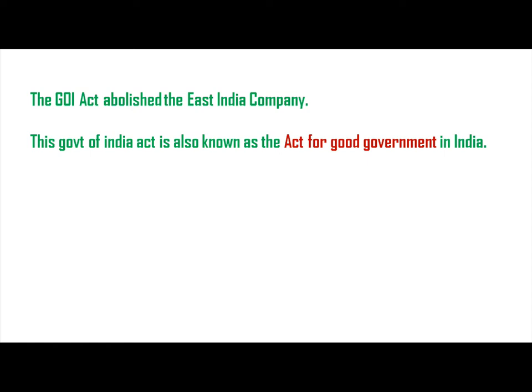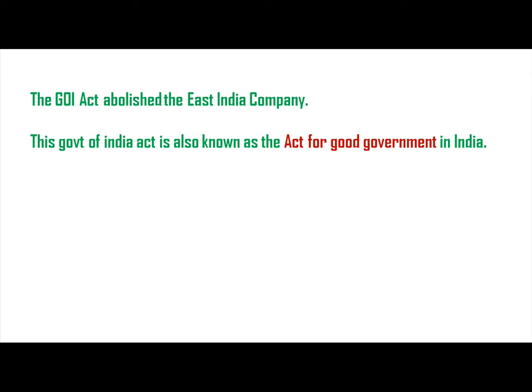It is called that because it was introduced with the intention to do something good for the people, but finally it did not turn out that way. That is a different story. We know how far it has done good for us Indians.